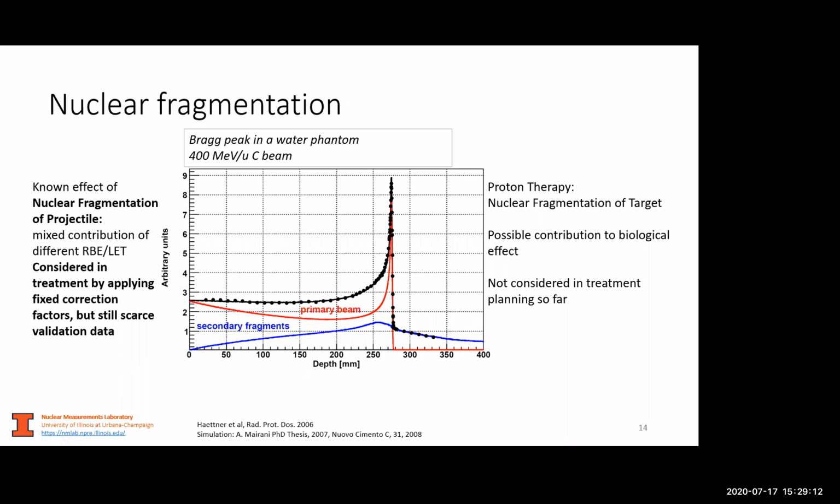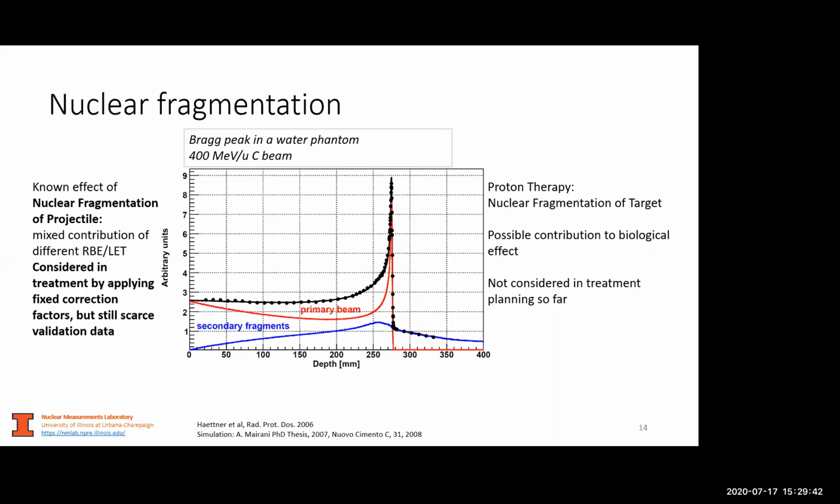The nuclear fragmentation can occur mainly as target nuclear fragmentation, which means that these charged particles are products of the interaction of the primary beam with the elements of the tissue. But for carbon ions, we can even have projectile fragmentation. So it is the carbon ions themselves that fragment.